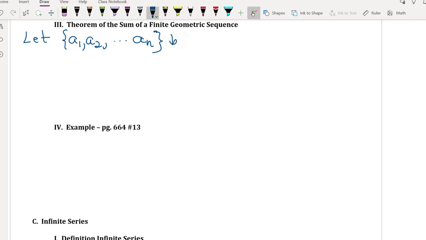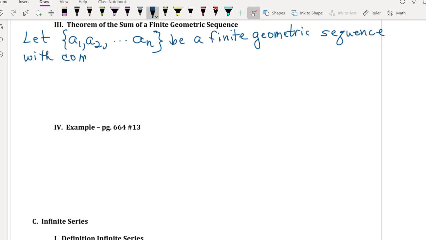Be a finite geometric sequence with a common ratio. And we're only going to put one stipulation on this common ratio, and that is that R cannot equal 1, because if it did, we wouldn't have much of a sequence.